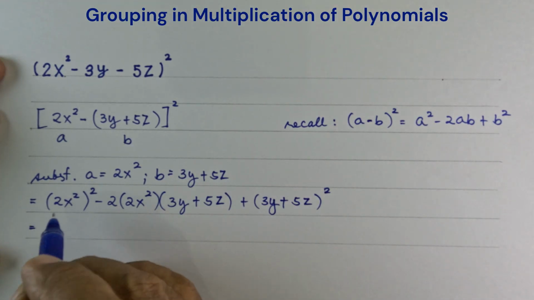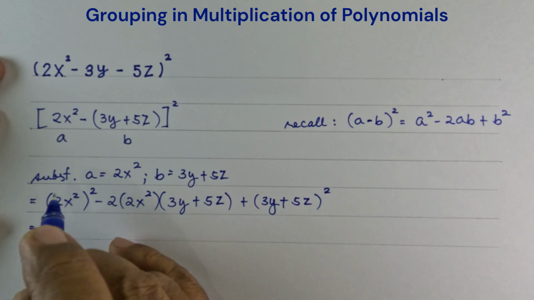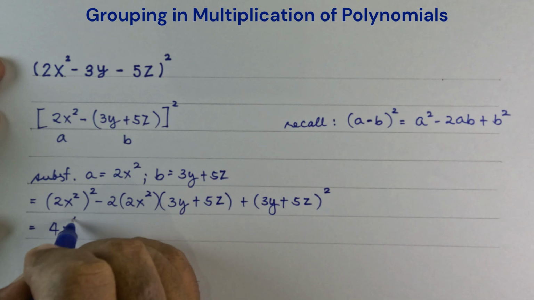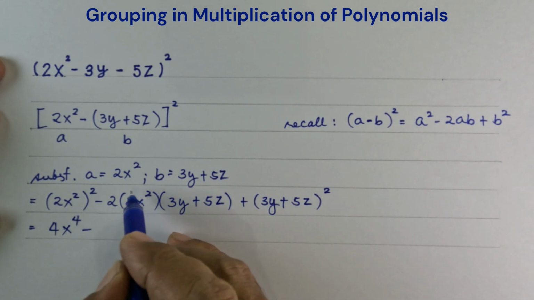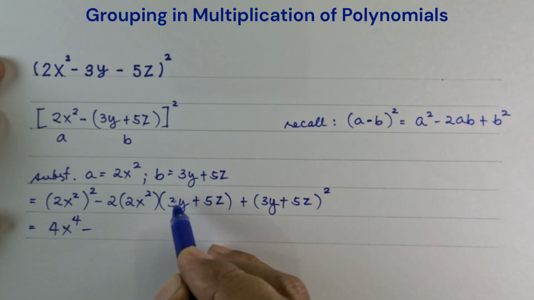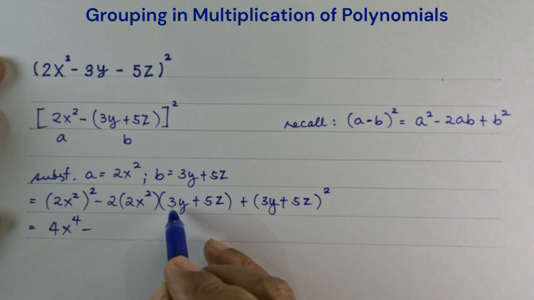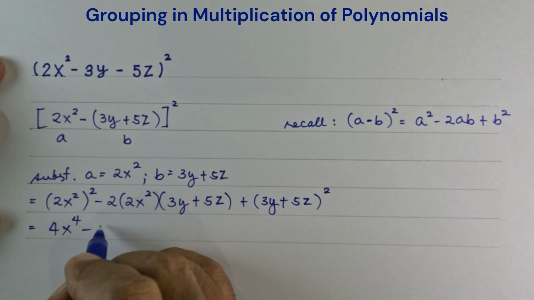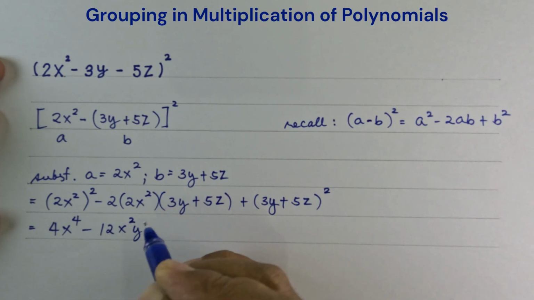So let's simplify. The square of 2x squared is 4x to the fourth power. Minus, so that's this one times 3y. 2 times 2 is 4 times 3 is 12 x squared y. So that's minus 12x squared y.